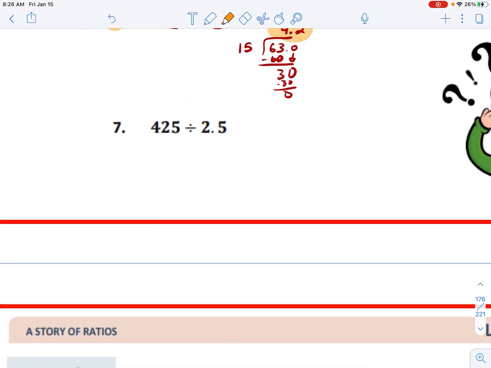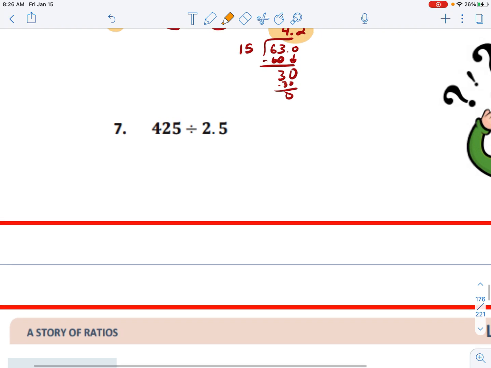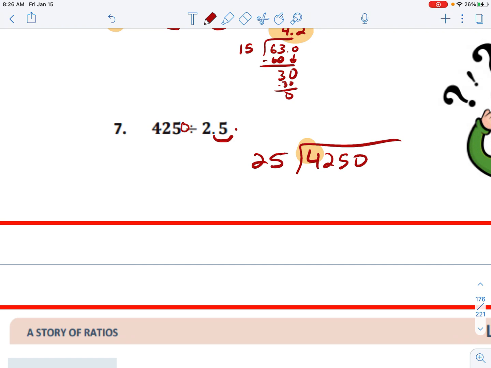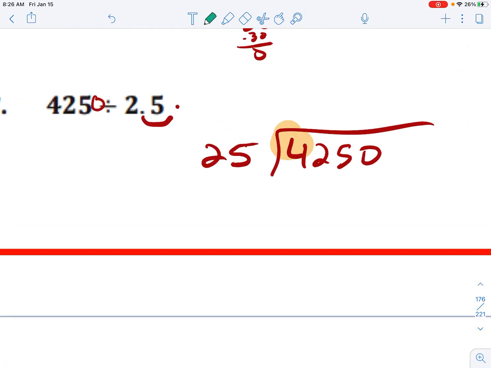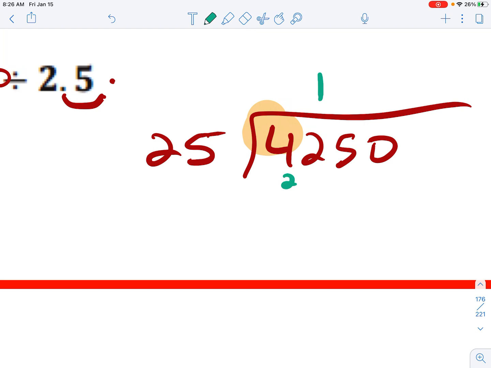All right, guys, the last problem, number 7. I have 425 divided by 2 5/10. I'm going to move the decimal one space to the right, which means I need to add a 0 here. So my new problem turns into 4,250 divided by 25. And 25 is going to go into 42 once. We subtract that and we get 17.